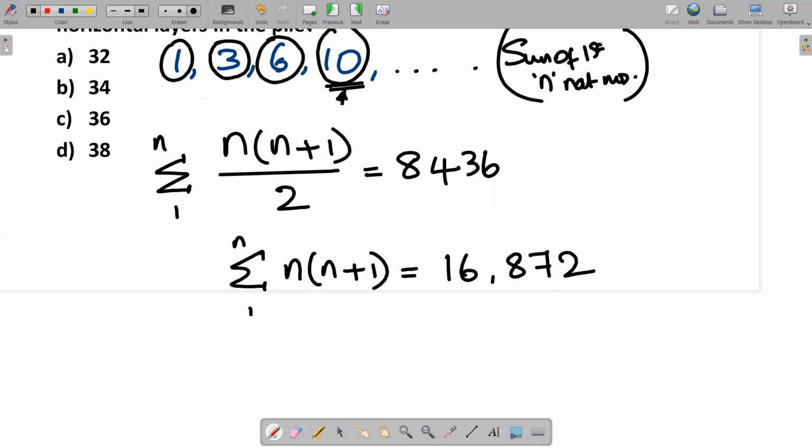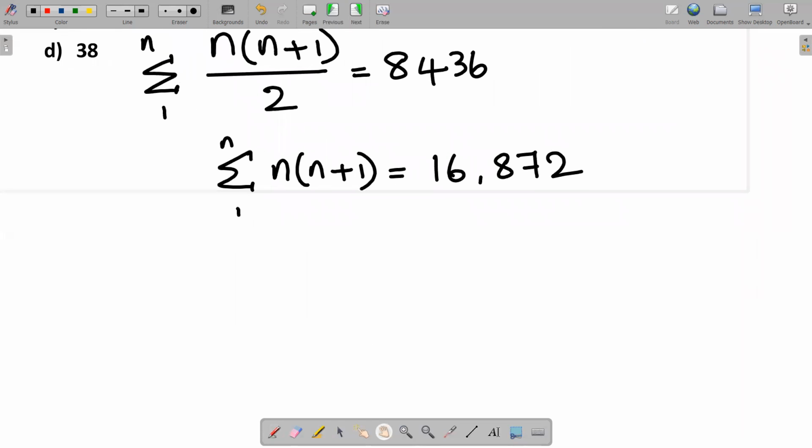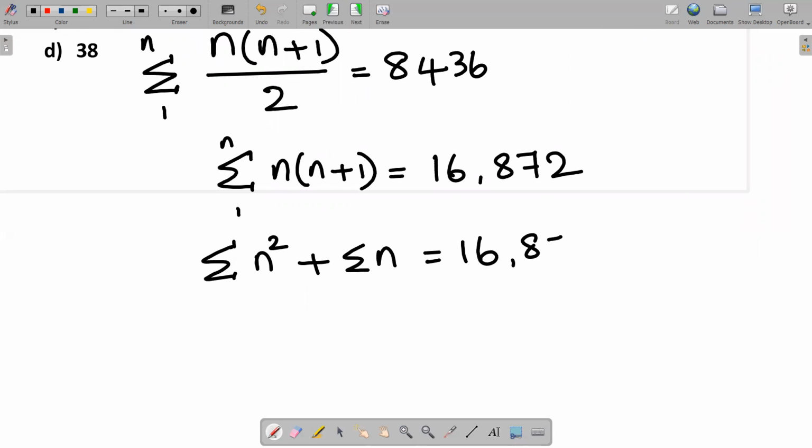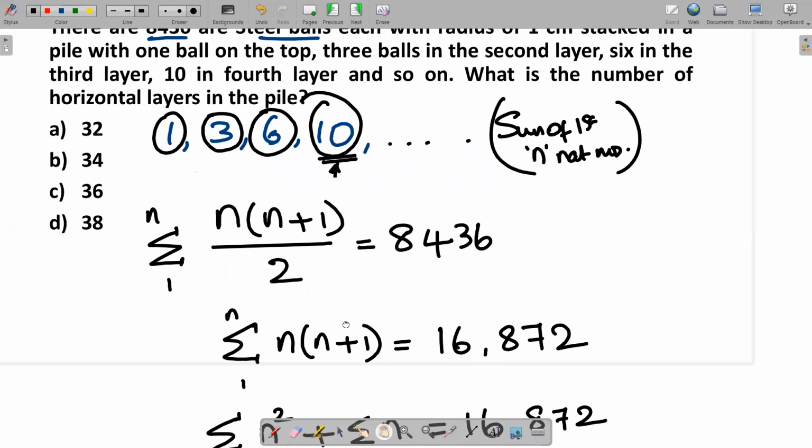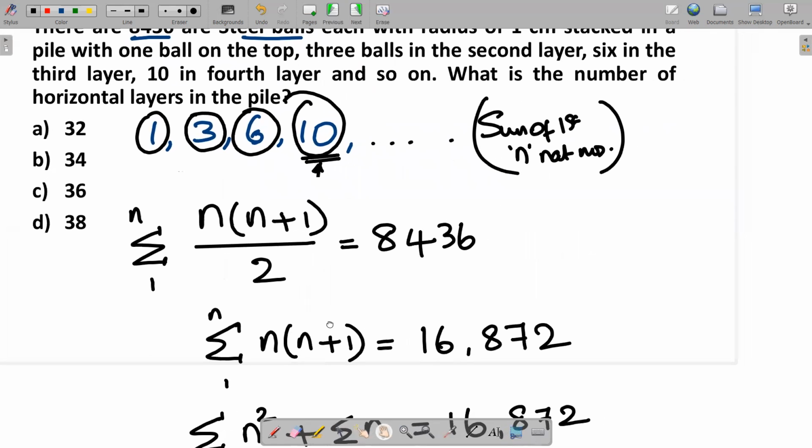Now, I'm going to do the summation here after expanding this. So I can see that this is nothing but the summation 1 to n of n square plus the summation 1 to n of n, that is equal to 16,872. We need to find the value for n, because you are asked to find the number of layers in this pile.